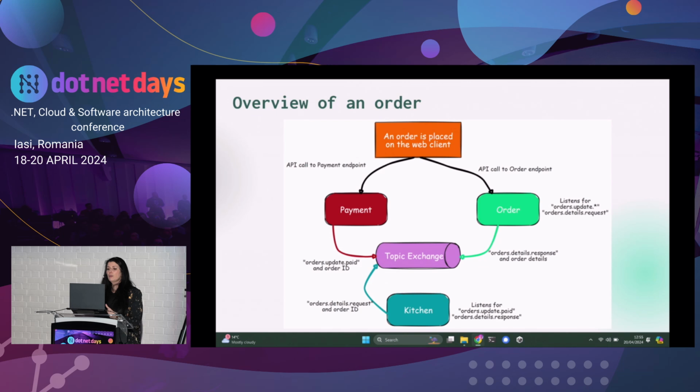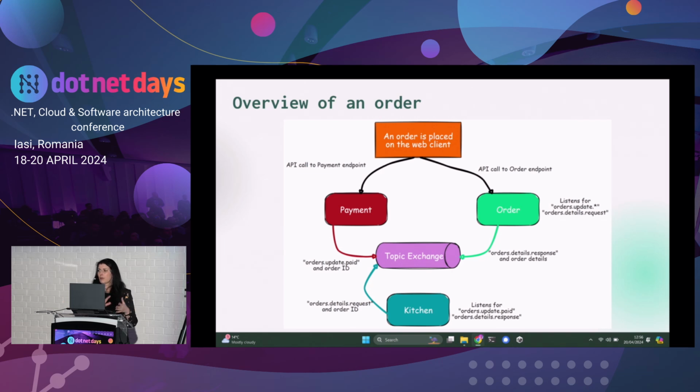And also, who is the data owner? So the order module owns all the data around the order. So we have to go to the order module to get the order details for us to be able to make the food, okay?